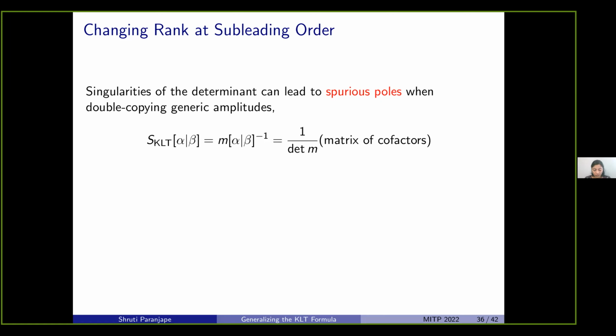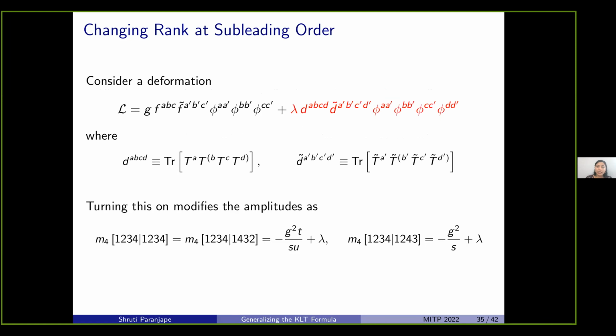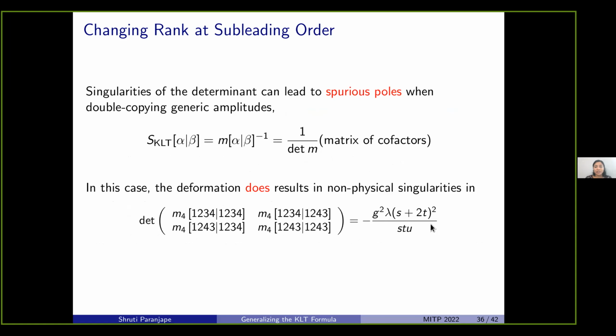So the only source of a bad singularity or a bad pole in the KLT kernel is zeros of this determinant, right? So all we need to do is look at the determinant. I'll remind you, we're looking at the determinant in the case of such a deformation, and we find that it looks like this.